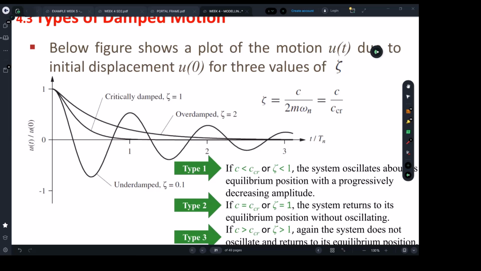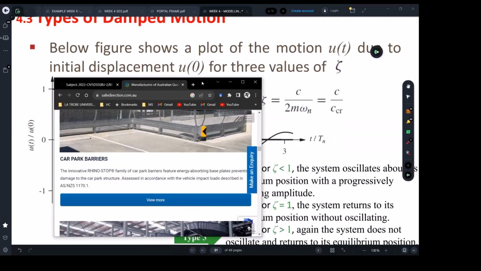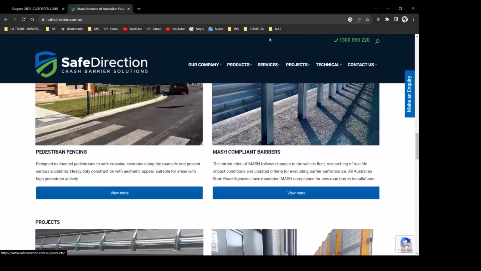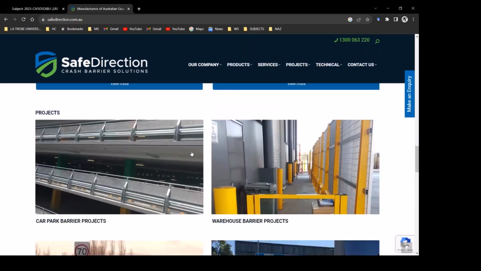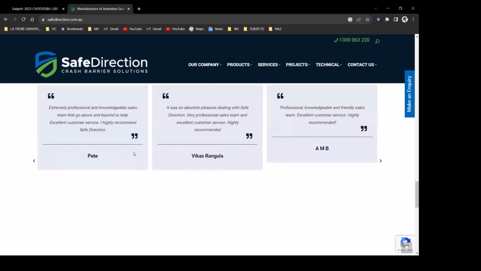Just give me a second. There's sometimes shock absorbers at the front.